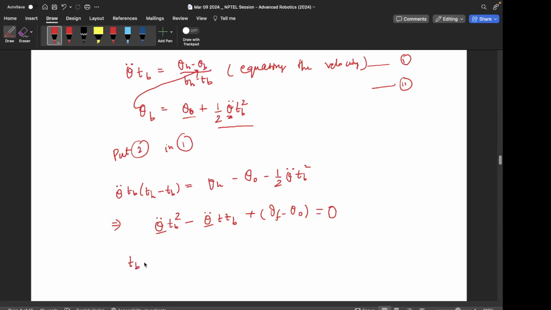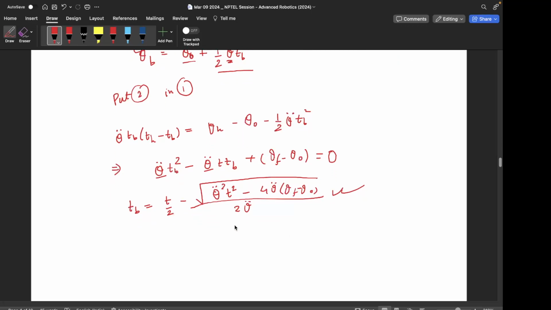And tb can be expressed as t by 2 minus the square root term, basically just using the standard root of the quadratic equation formula, right? So this is the tb expression.